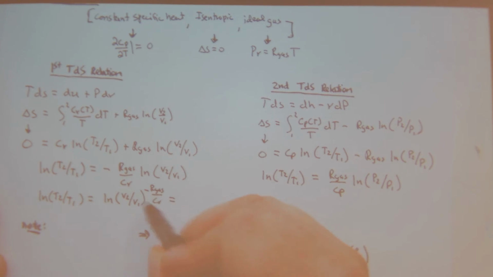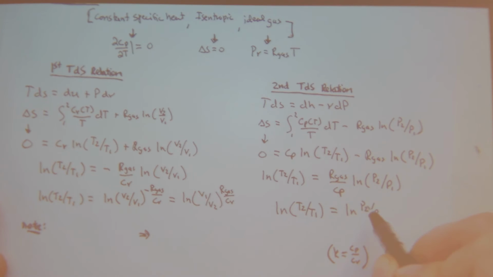And this is a minus sign, so making it positive is equivalent to just flipping these around. So I have V1 over V2 to the R gas over Cv, and the same applies here. Natural log T2 over T1 equals the natural log of P2 over P1 to the R gas over Cp.